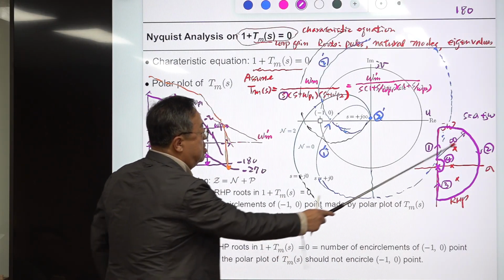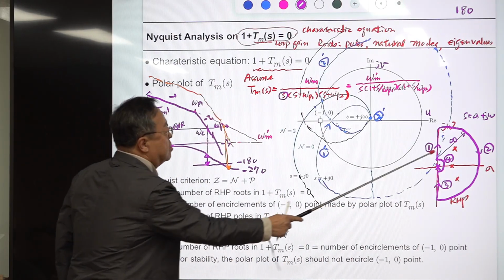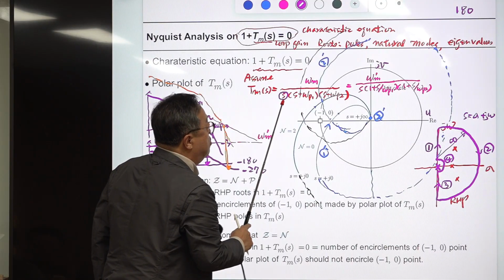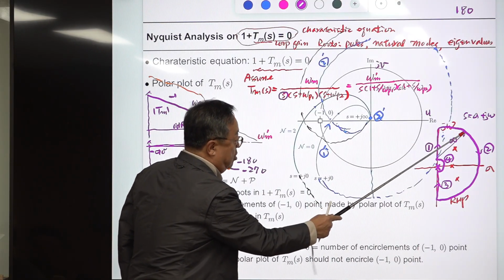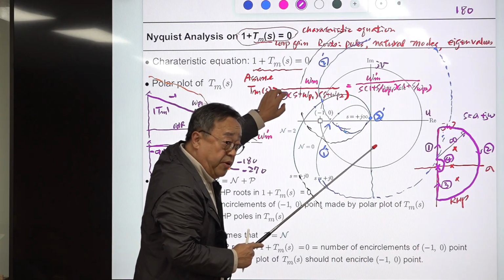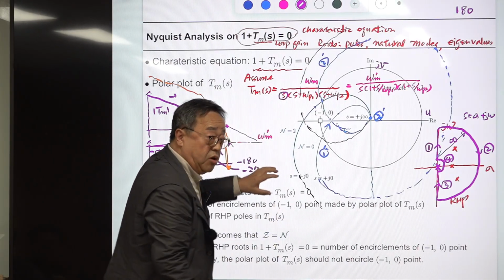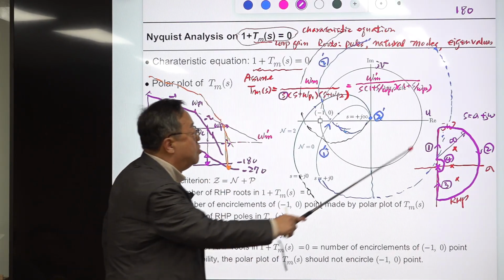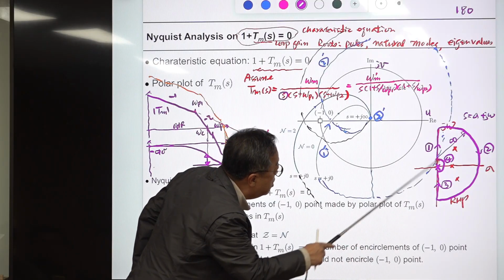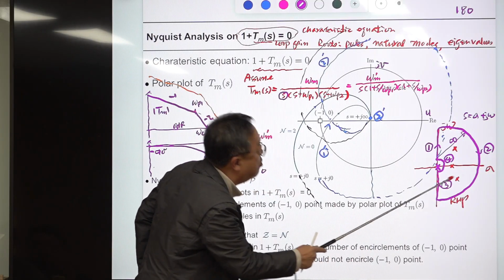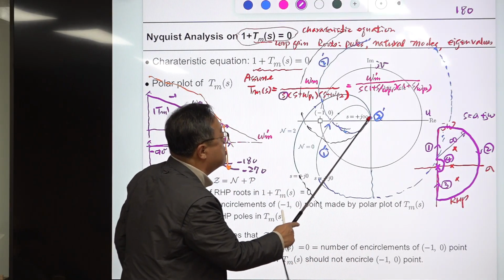But this is very easy, because if this radius becomes large, then s becomes very large, and the whole thing becomes 0. So this whole line, encompassing the entire RHP, is this point.